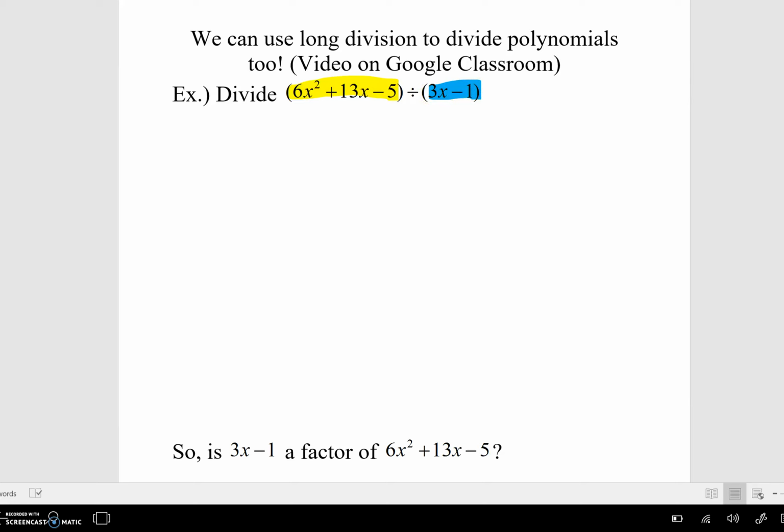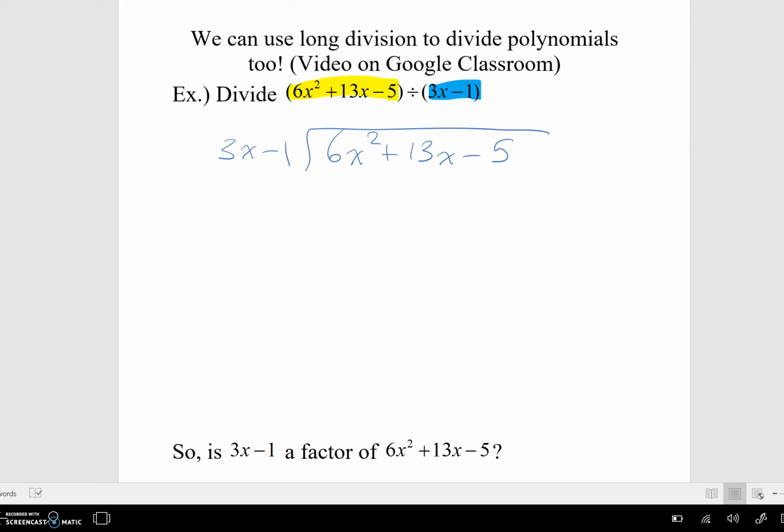Okay, so have you guys heard of those words before? Dividend and divisor? Anyway, so what you're going to do is to make this your divisor, I'm going to rewrite this as 6x squared plus 13x minus 5, all divided by 3x minus 1.